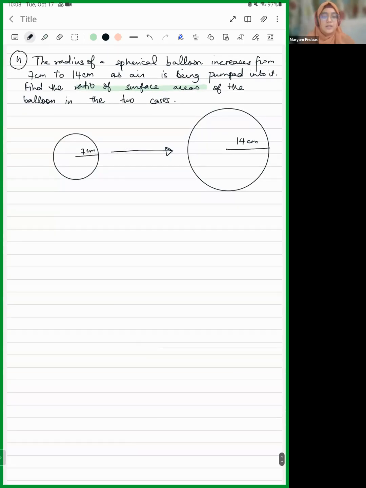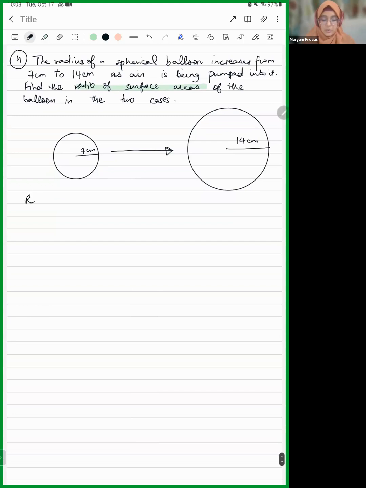What will happen is, what is ratio? See, ratio of surface area of small sphere is to surface area of big sphere. Okay, this basically means ratio is nothing but a fraction, right?